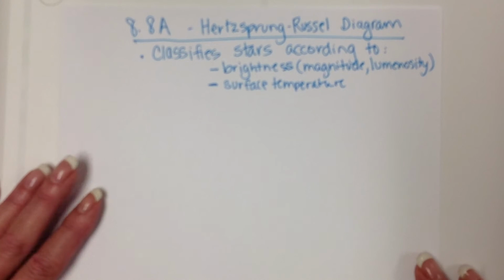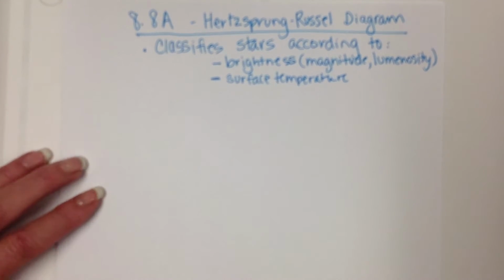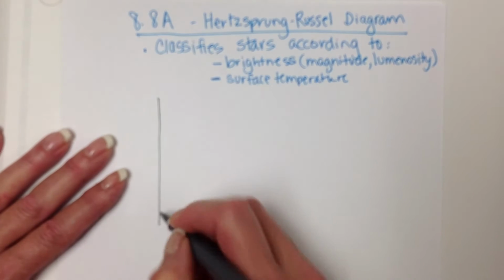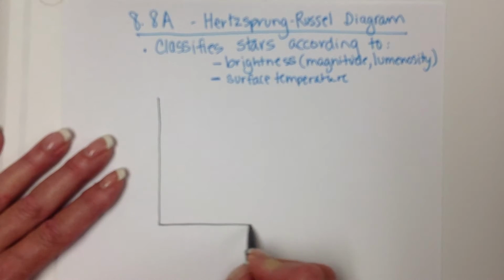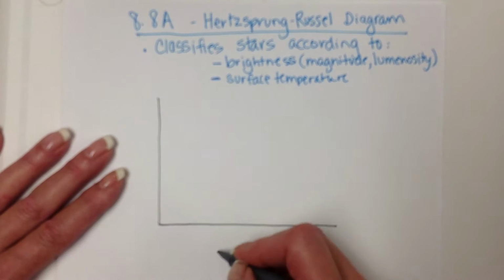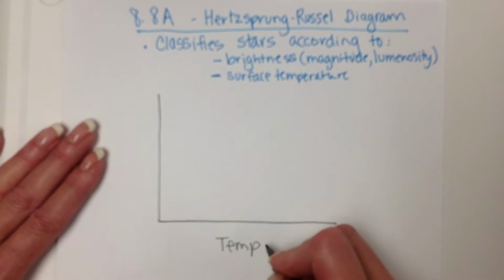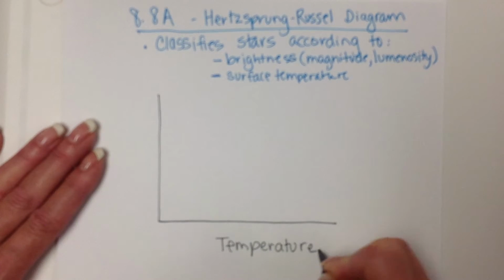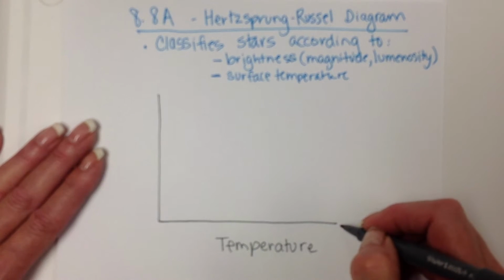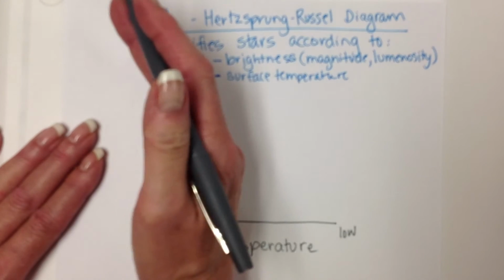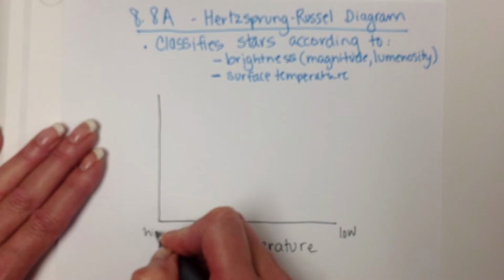Now, when Hertzsprung and Russell devised this diagram, they didn't know that there would be a correlation, but they started to plot the stars. They had temperature at the bottom. Temperature reads a little different on this diagram. In other words, here is the lowest temperature, whereas on this side of the diagram is the highest temperature.